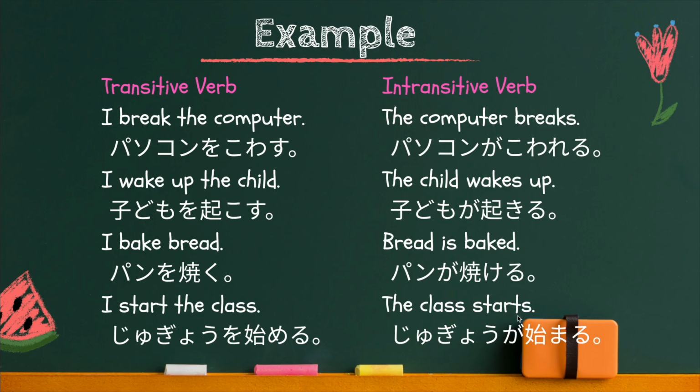The class starts. 授業が始まる. So those are very important transitive and intransitive verbs. I will put the list of those transitive and intransitive verbs in the description below so that you can review them later.